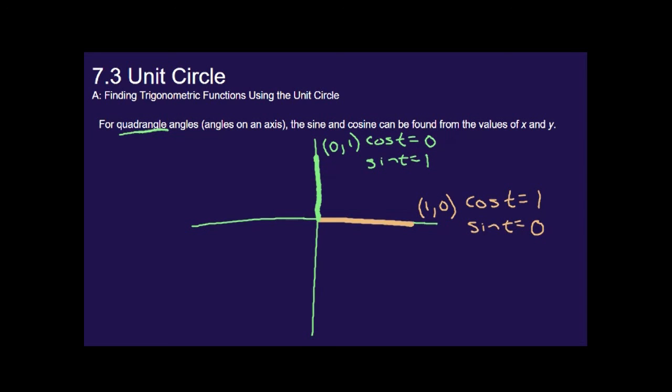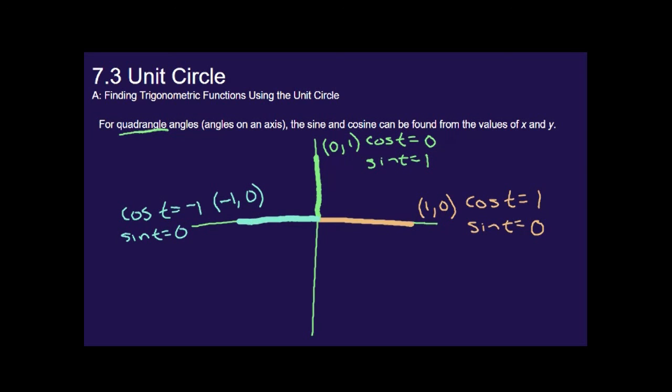And then let's look at the negative x-axis. That would go here, and that means that the terminal side point is at (-1, 0). So the cosine of t is equal to negative 1, and the sine of t is equal to 0.